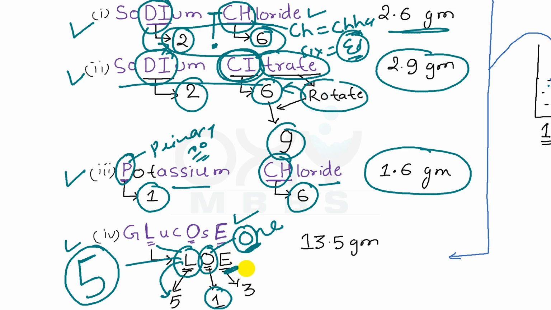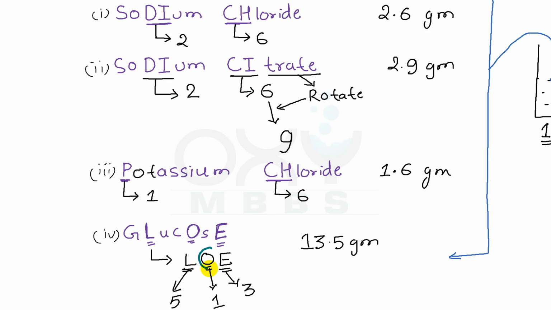And from E we can easily derive this number 3, as E looks like number 3. So we have 1, 3 and 5. Now this O after L will remind you that just make a point after the L. It means there must be 13.5. So friends, in this way from these 1, 3, 5 and point you can easily derive this number 13.5.